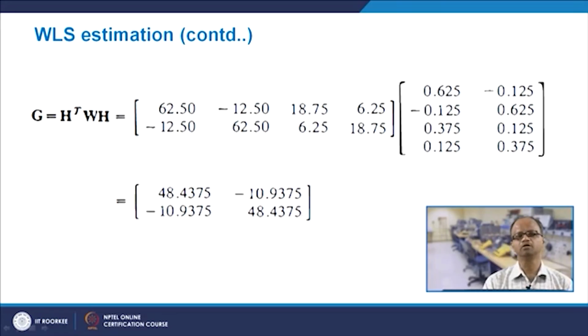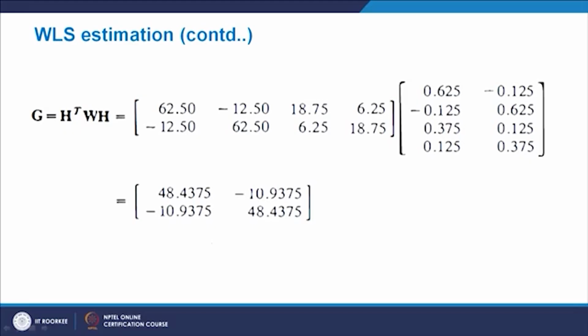We have already argued and shown theoretically that if there are n number of values to be estimated, the dimension of the gain matrix would always be n cross n, irrespective of the number of measurements used.